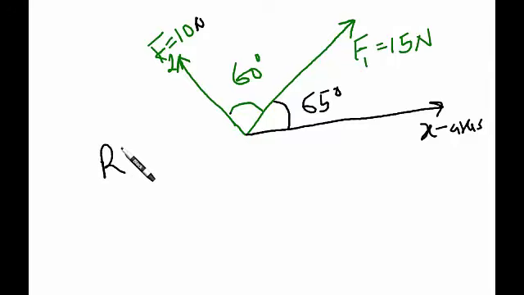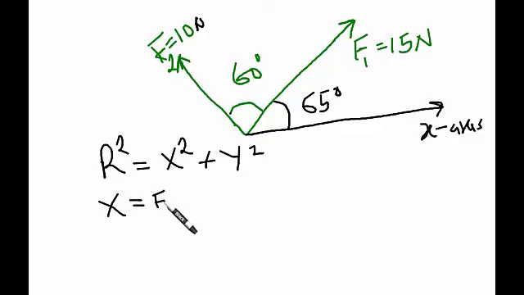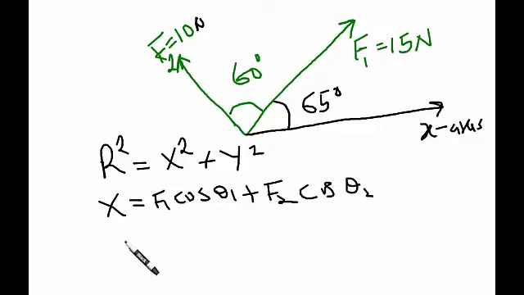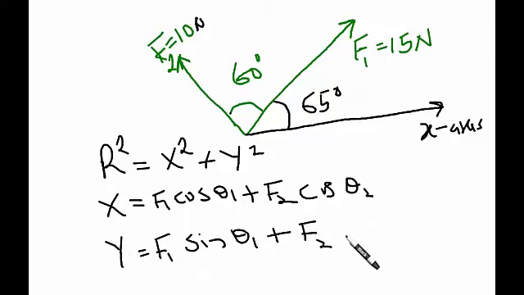Our resultant R squared is going to be obtained from x squared plus y squared, where x is F1 cos theta 1 plus F2 cos theta 2, and y equals F1 sine theta 1 plus F2 sine theta 2.